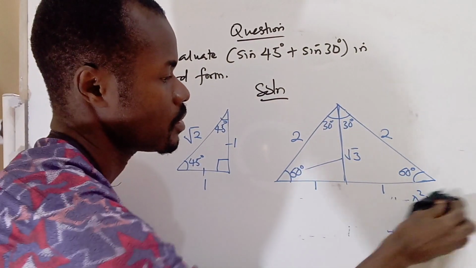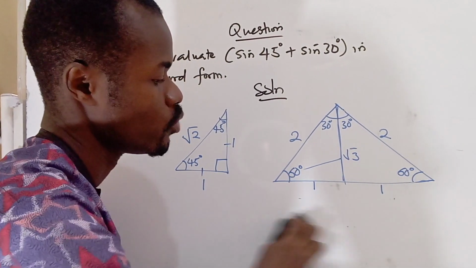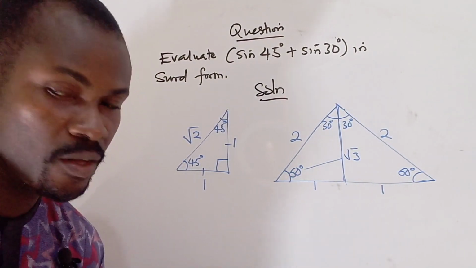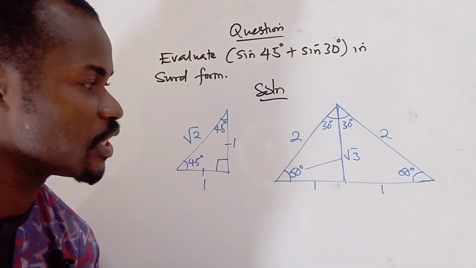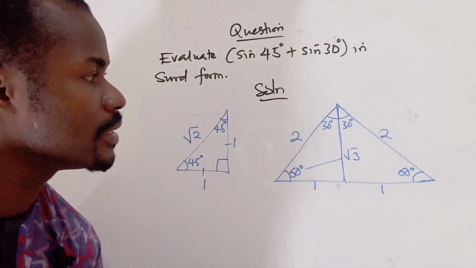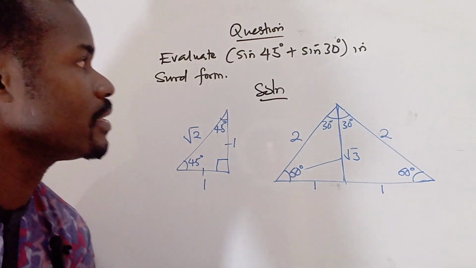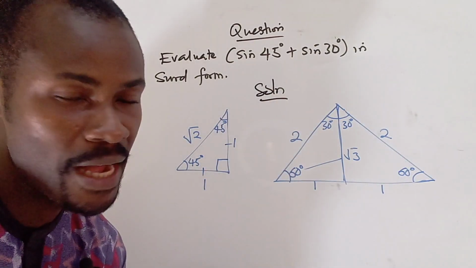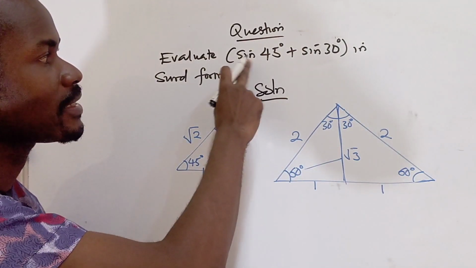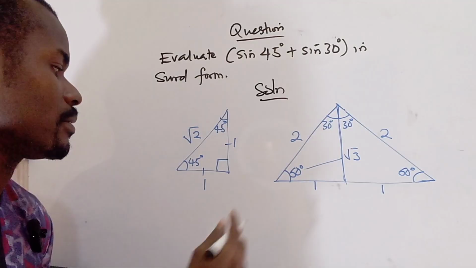Alright. So in an exam situation, you don't need to cram the special angles. You can quickly develop these triangles and use them to bring out any identity that you're given. Alright, but the question says we should find sine 45 plus sine 30.